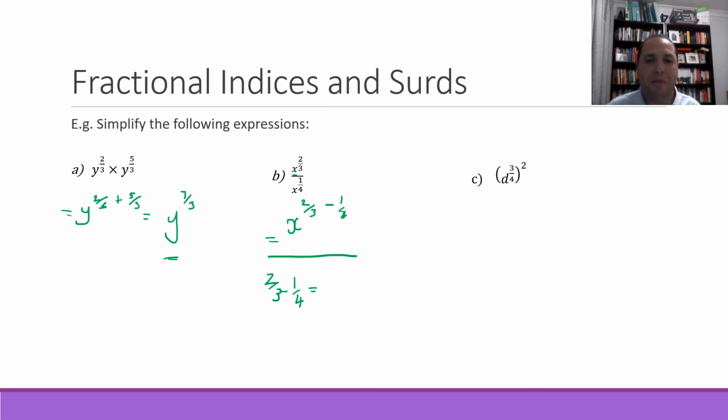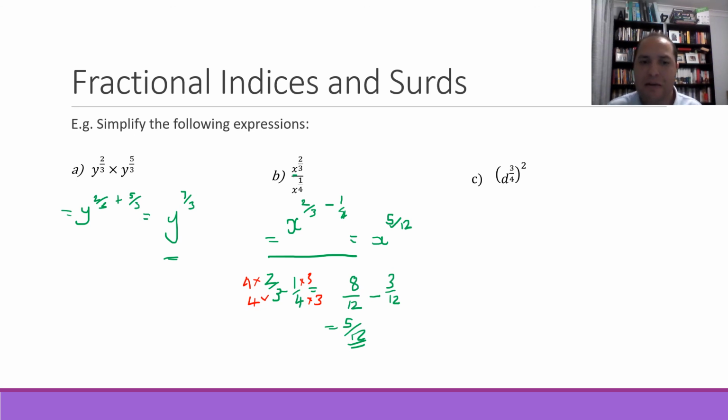To get the same denominator to subtract them, I'll make them both 12. For the first one, times top and bottom by 4. For the second one, times top and bottom by 3. So we'll have 8 over 12 minus 3 over 12, which equals 5 over 12. So that means our answer will be x to the power of 5/12 by subtracting those powers.